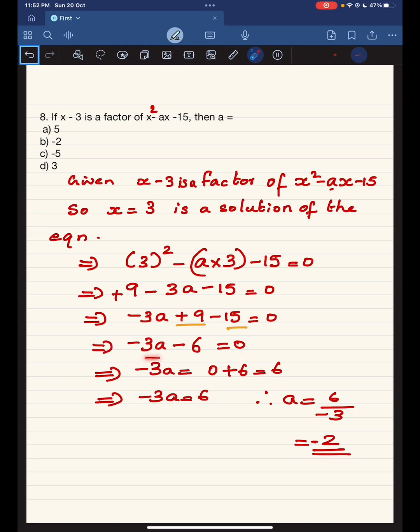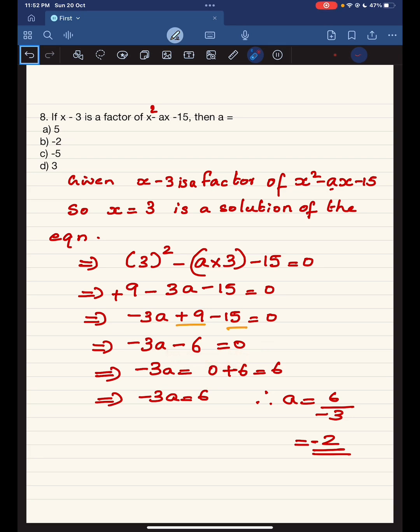That is minus 3a. We should transpose all the values other than the variable to the other side, RHS. So here minus 3a is equal to 0 minus 6.